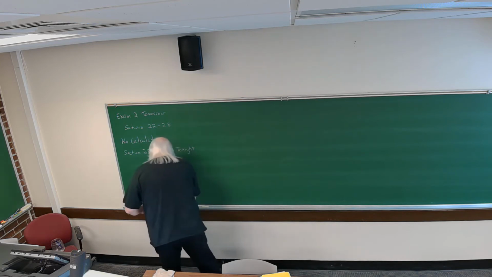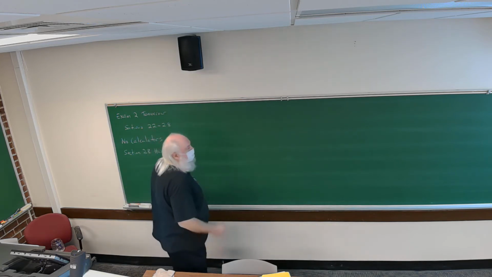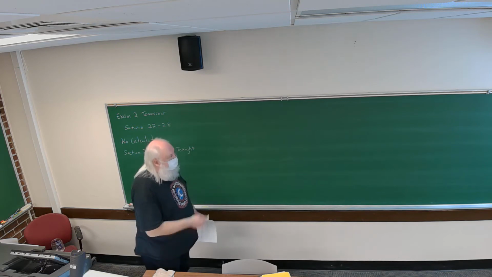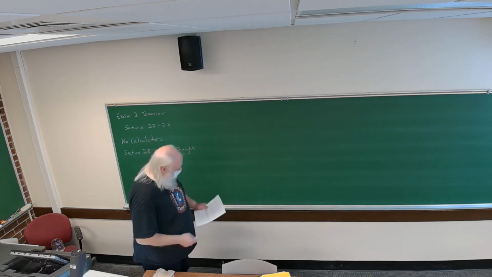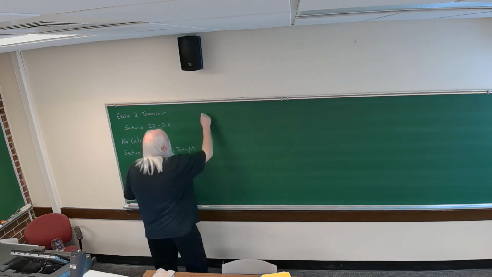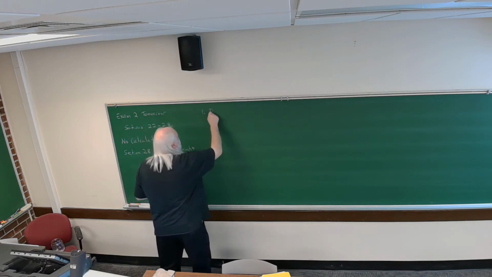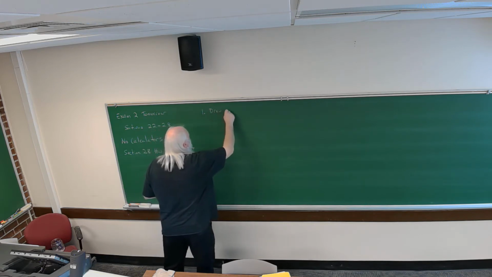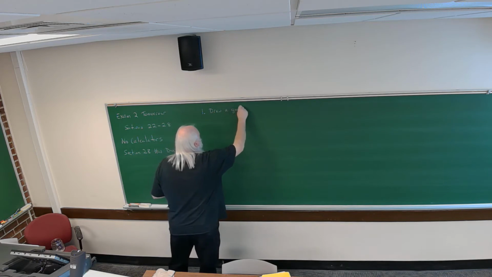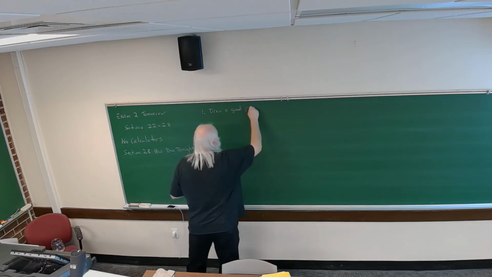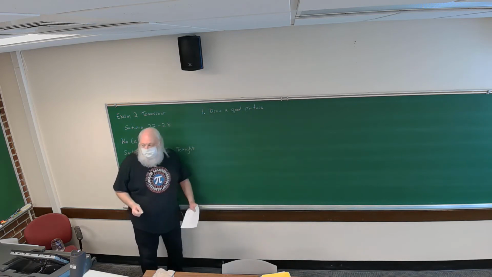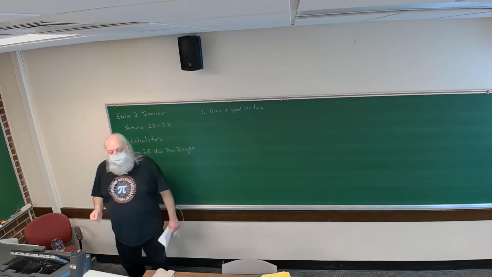There are 4 basic steps in solving word problems of these types, and I suggest you write this at the top of your page. The first step is draw a good picture. I've talked in the past about visualization in mathematics. Visualization is very important.